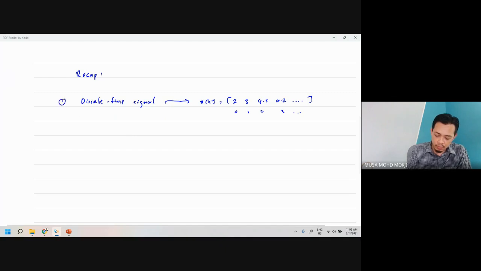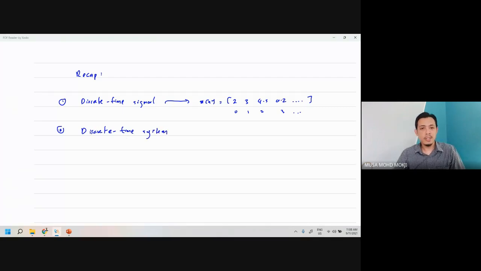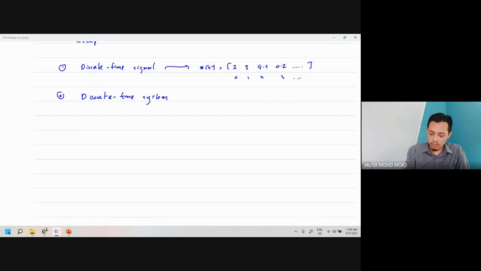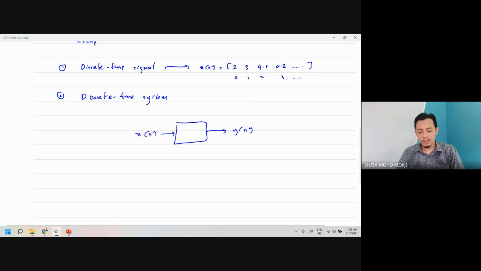So number 2, we have seen what a discrete time system is. Generally, we should have an input signal, then the output signal, and in the middle is the process.